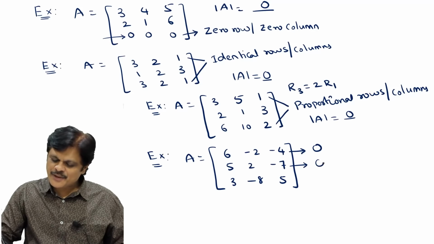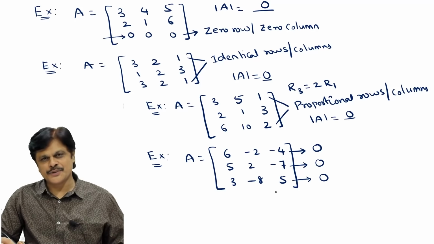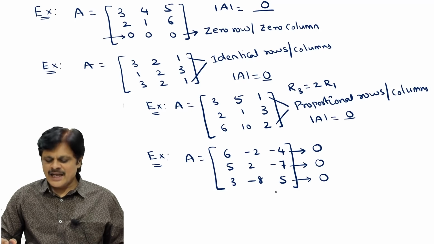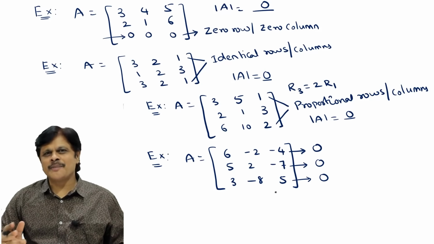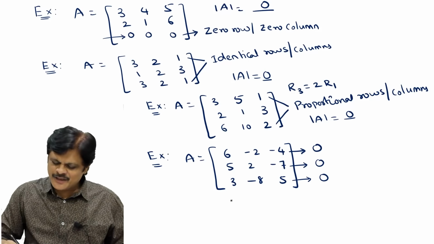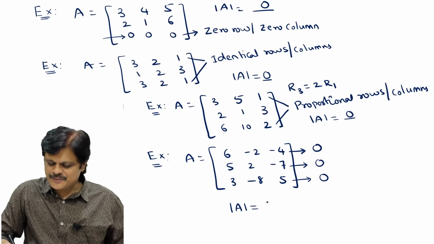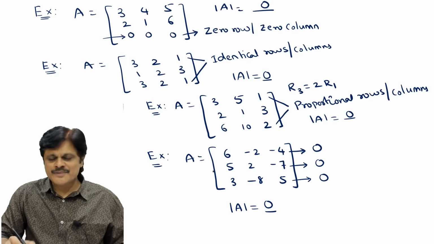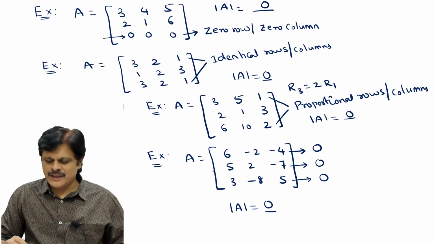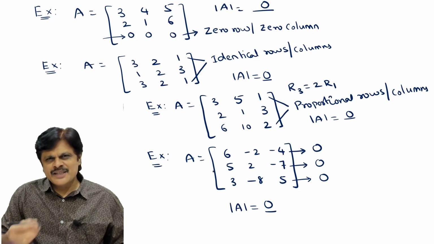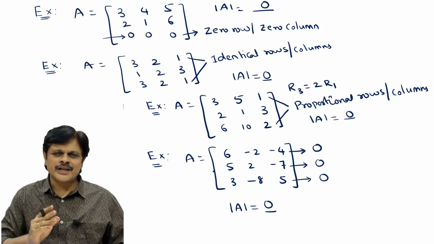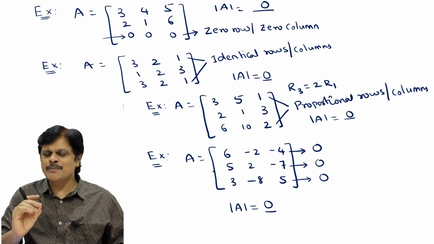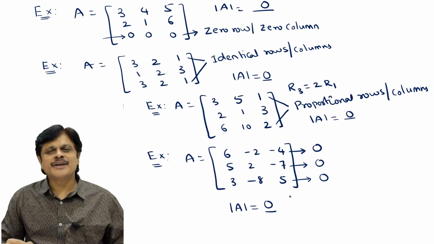Sum of the elements in the second row is also 0. Sum of the elements in the third row is also 0. That is, if the elements in each row add up to 0 or the elements in each column add up to 0, then the determinant of the matrix would be 0. See here, the sum of the column elements is not 0, but either the sum of the elements in each row is 0 or the sum of the elements in each column is 0, then also the determinant would be 0. Simple properties. So we completed 4 properties.